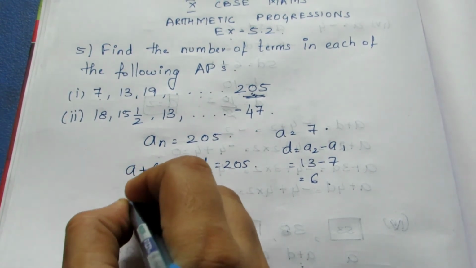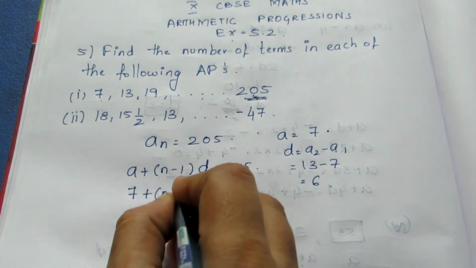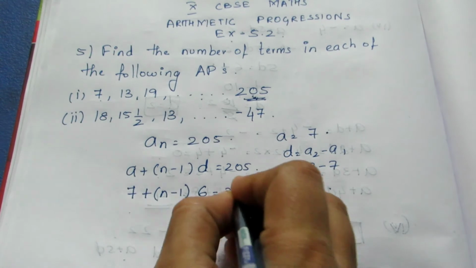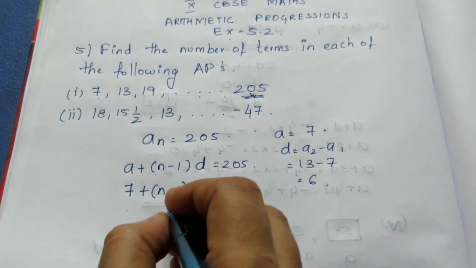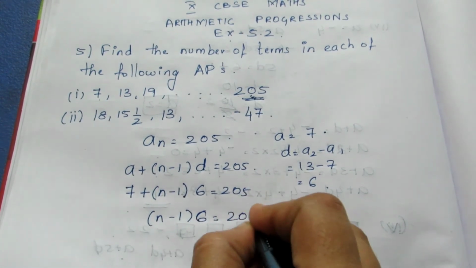A is 7 plus n, which we don't know, minus 1 into d, which is 6, equal to 205. Always take 7 to that side. So n minus 1 into 6 is equal to 205 minus 7.